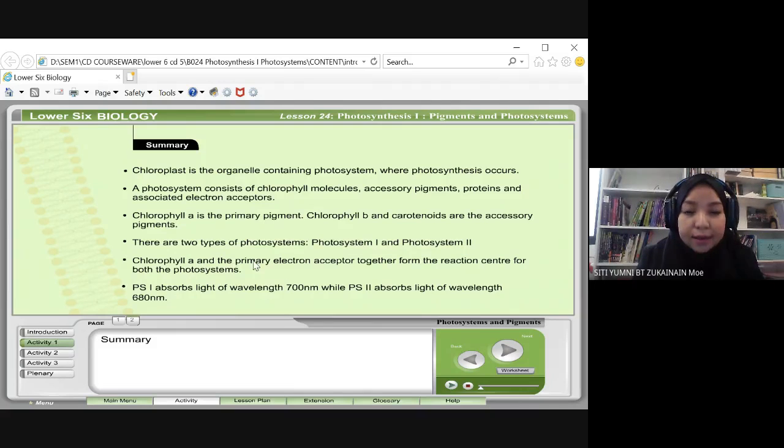Chlorophyll A and the primary electron acceptor together form the reaction center for both photosystems. Photosystem 1 absorbs light of wavelength 700 nanometers, while photosystem 2 absorbs light of wavelength 680 nanometers. That's all for this subunit on the role of pigments in photosynthesis.